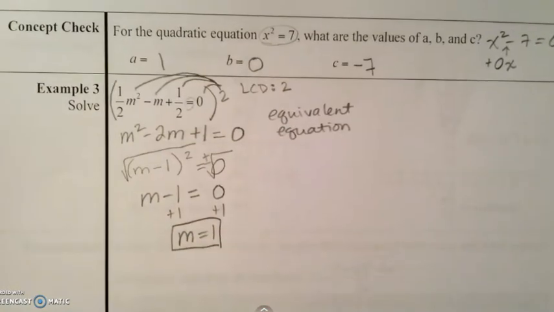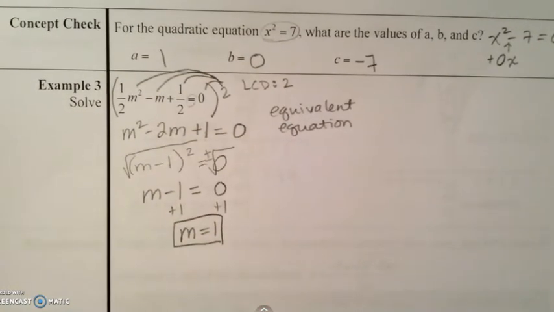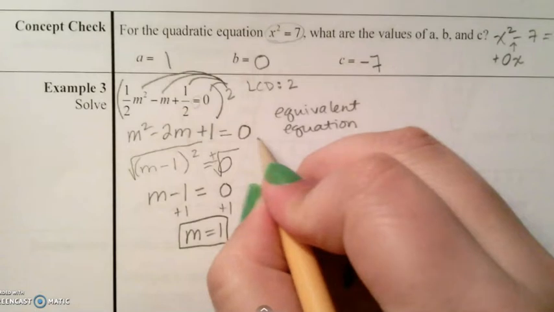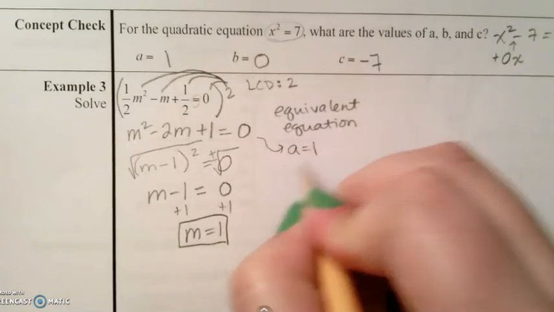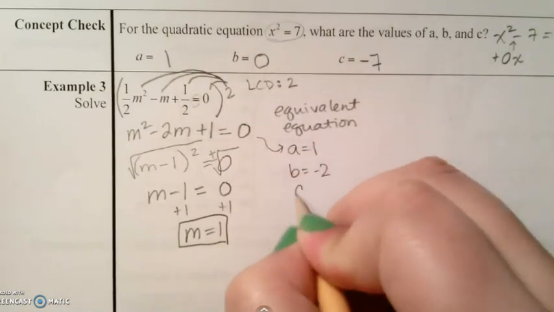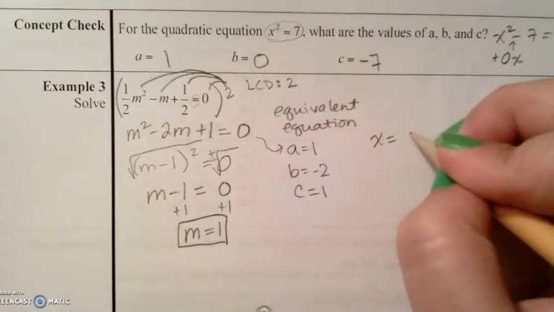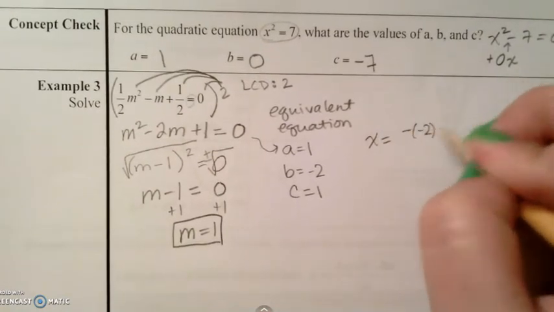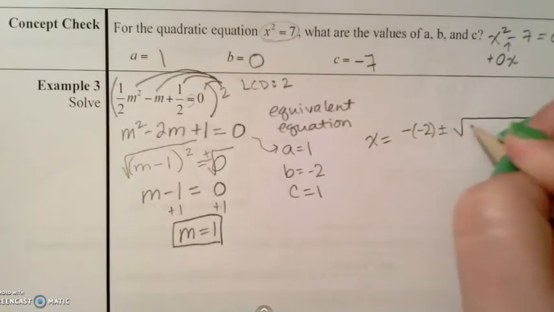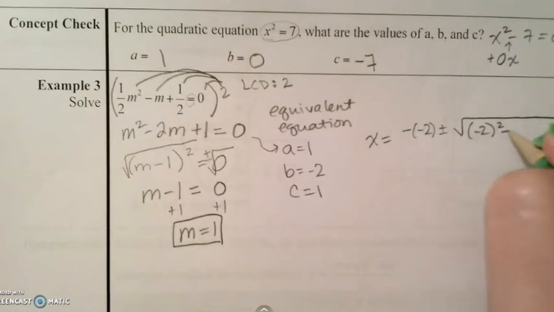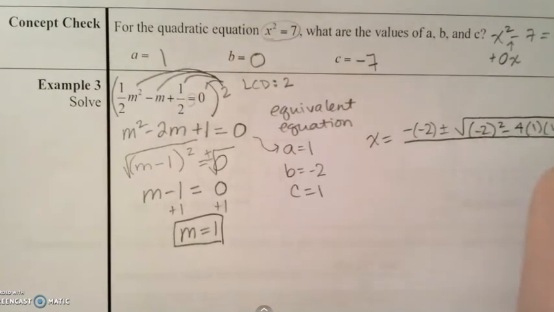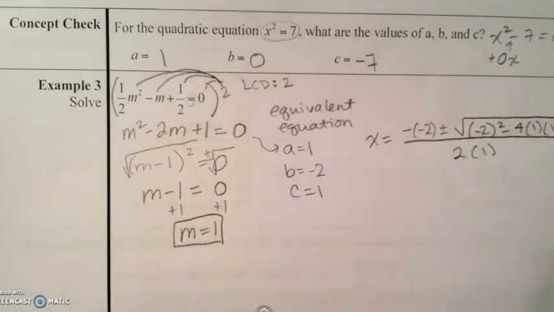I'd like to show you how this would look if we had used the quadratic formula. A is 1, B is negative 2, and C is 1. So we get x equals the negative b plus or minus the square root of b squared minus 4ac all over 2a.